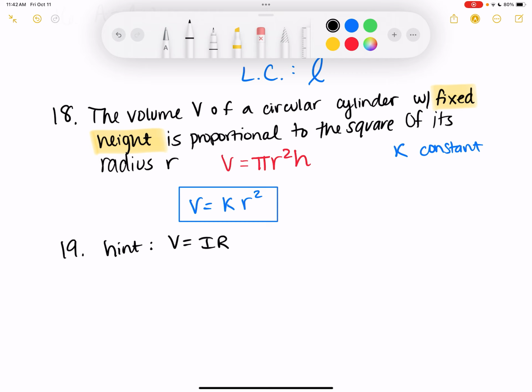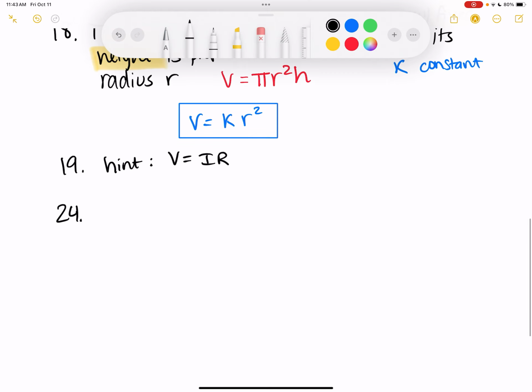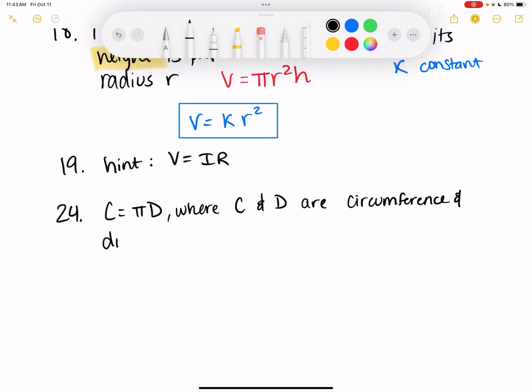So it says C equals pi d, where C and d are circumference and diameter of a circle, and pi is a constant. It says it's a usual mathematical constant, but anyways.